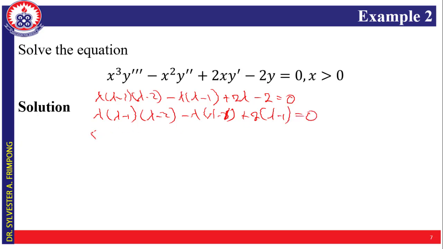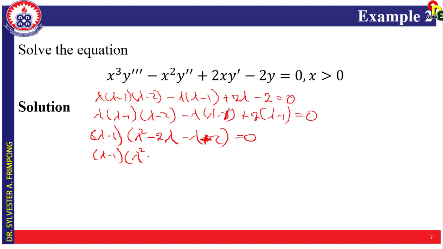So I'm going to have lambda minus 1 out, and here I will be left with lambda squared minus 2 lambda, here I will be left with only minus lambda, and here I will be left with only plus 2, equal to 0. So this is lambda minus 1 times lambda squared minus 3 lambda plus 2, which is equal to 0.